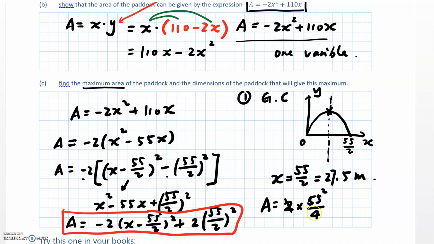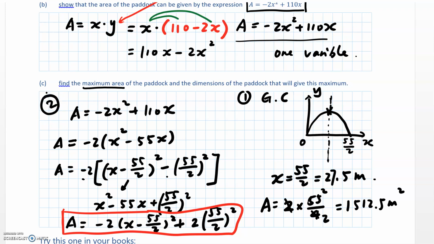I'll use the calculator to see what that equals, because you could cancel the 2 with the 4. Now I'm just going to use my calculator to calculate 55 times 55 divided by 2, which gives 1512.5. But this is method 2.